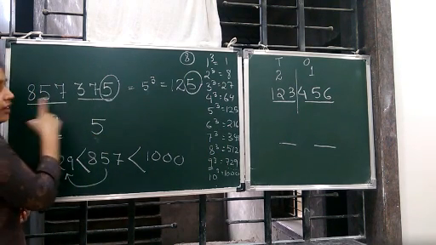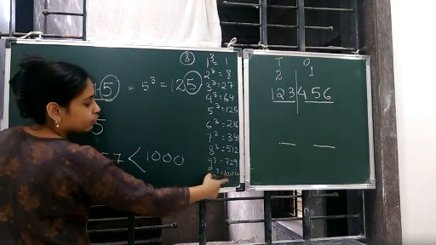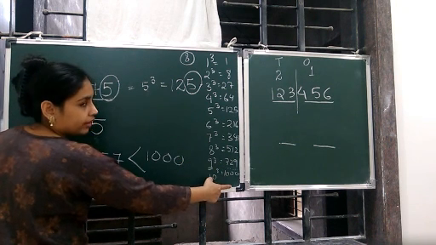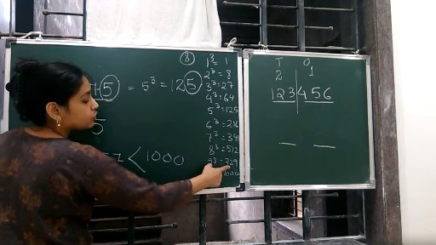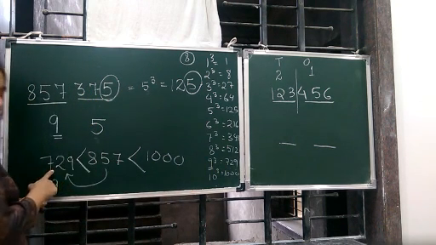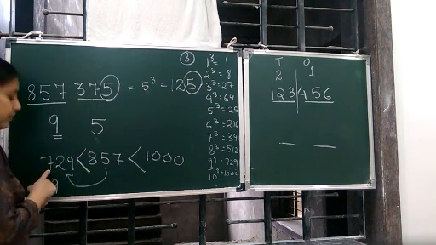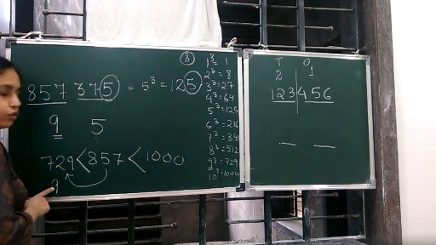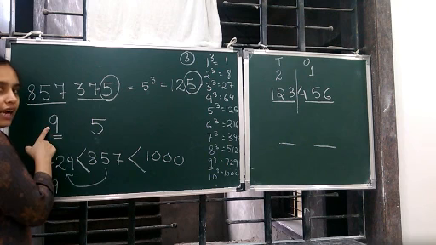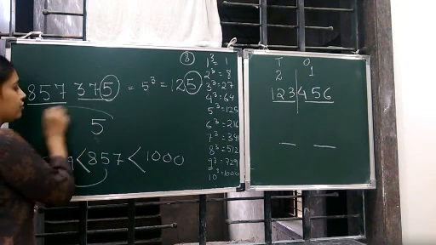We find in between which two perfect cubes it comes. Then we take the cube root of the smaller perfect cube. Which is smaller for 857? 729. We take the cube root of that smaller cube, and that becomes the answer.